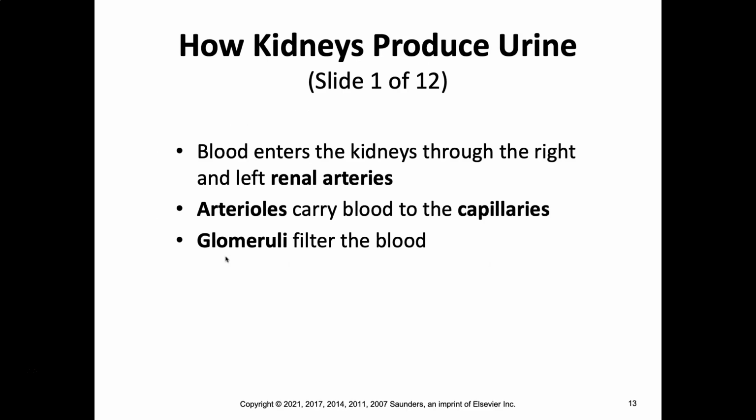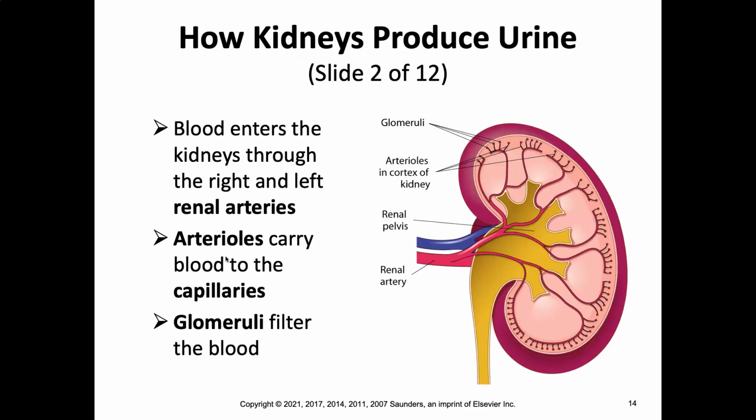So how do the kidneys produce urine? Well, blood enters the kidneys through the right and left renal arteries. Then arterioles carry the blood to the capillaries, and glomeruli can then filter the blood. So let's take a look at what this looks like.